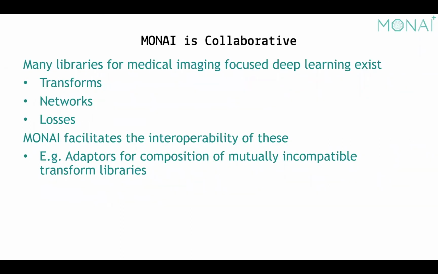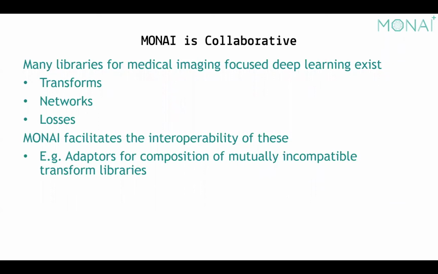So MONAI is collaborative, and what we mean by this is that there is a really nice ecosystem for medical imaging around PyTorch, and we don't want you to not be able to use it just because you're using MONAI. And this is transforms and networks and losses, but really the focus at the moment is on transforms.